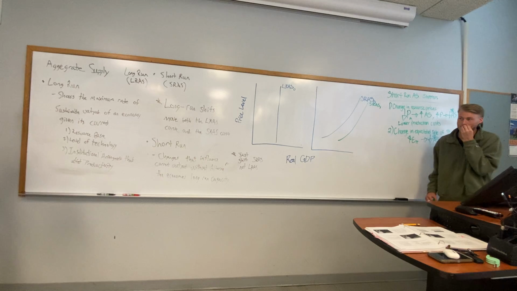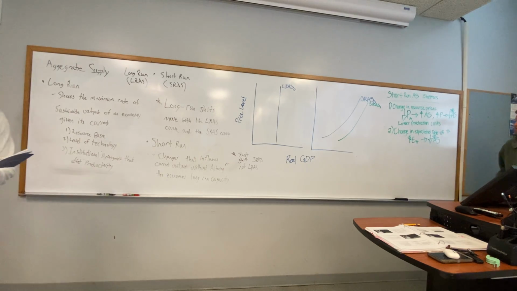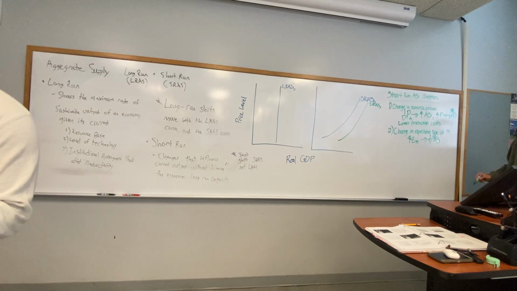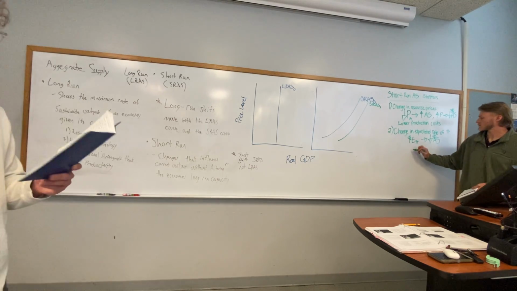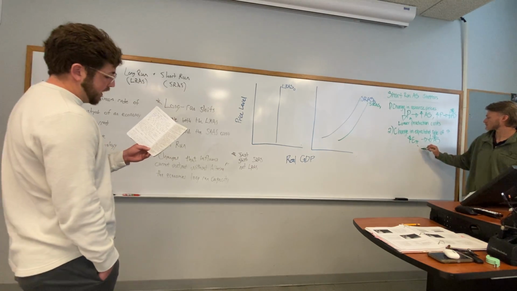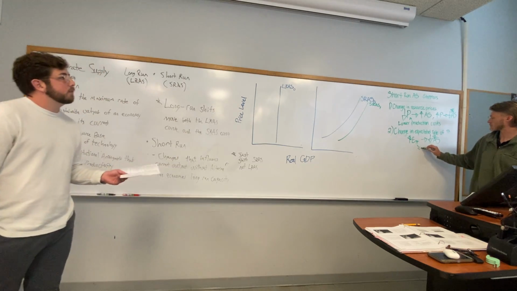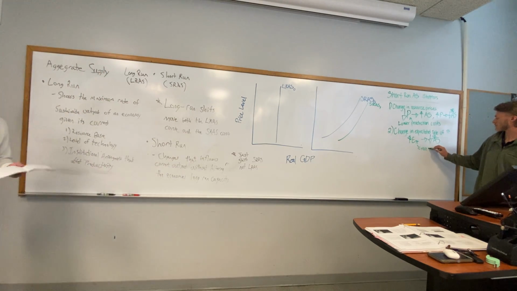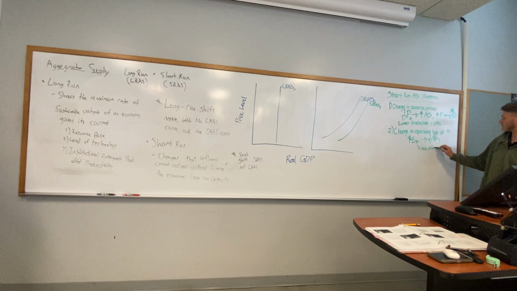An increase in the expected rate of inflation will reduce the current supply of goods because it costs more, right? That's exactly what you said. You followed it. And thereby shifting the short run supply curve to the left. It's going to decrease supply if we expect that inflation is going to increase, right? And a reduction in the expected rate of inflation shifts it to the right, right?